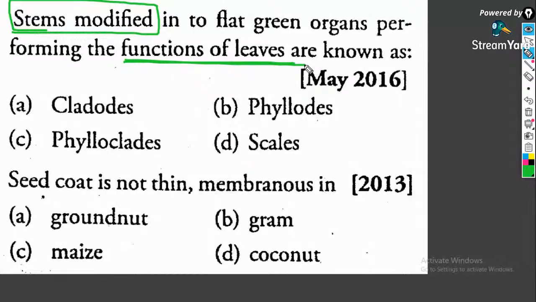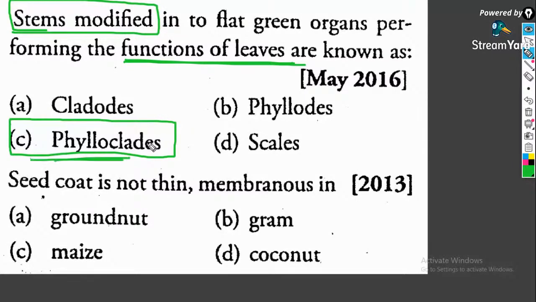Trapping of sunlight for photosynthesis. The answer for the question is option C, phylloclade. Study this. The stem modified into flat green organs performing the function of leaf is called a phylloclade.